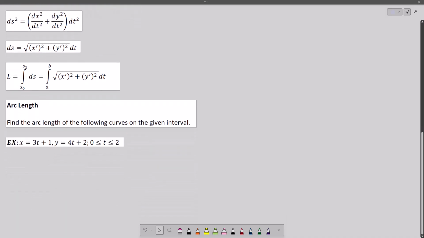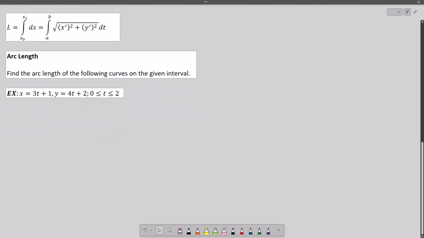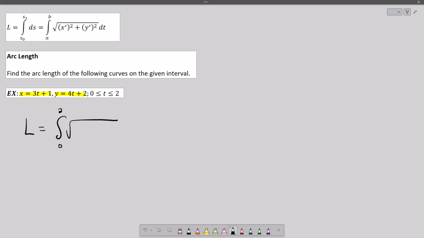So let's try this one. So there is our new formula for arc length of a parametric curve. We have a parametric curve right here, x and y. So arc length, notice that our limits of integration are now t limits, not x limits or y limits. And the setup for arc length, we're going to integrate on the interval 0 to 2.